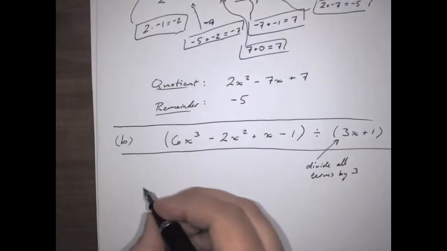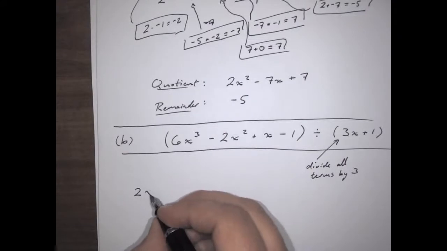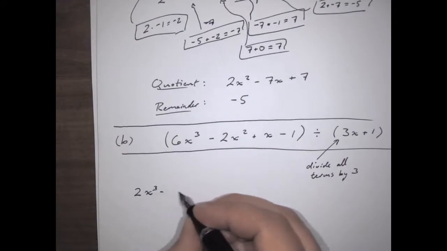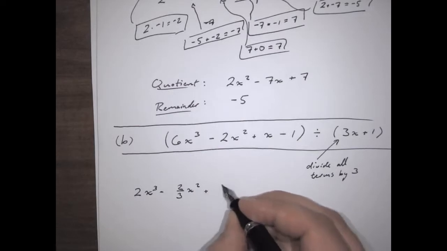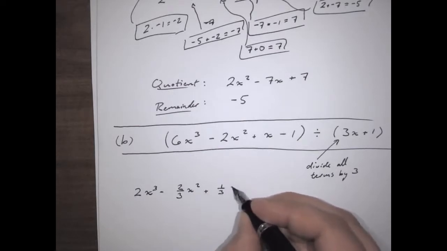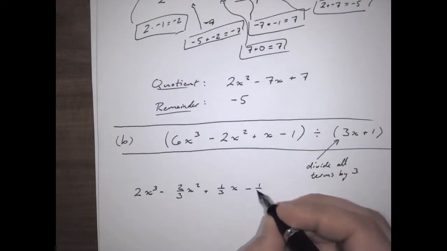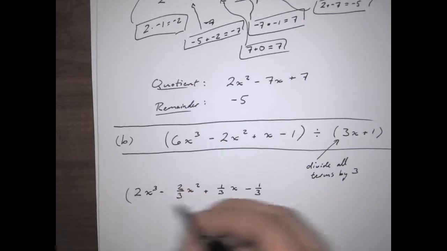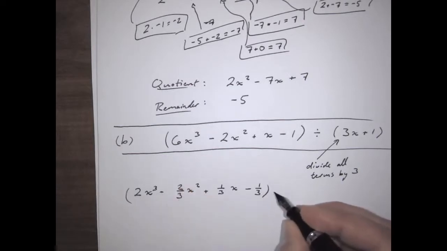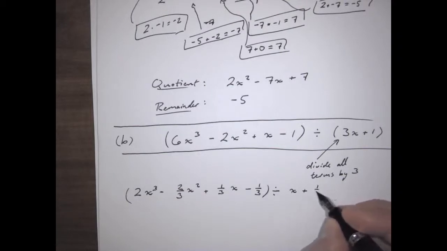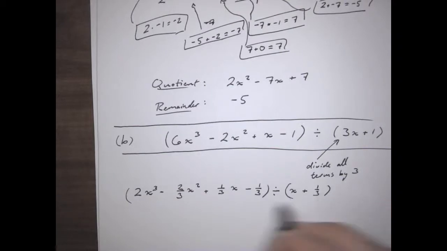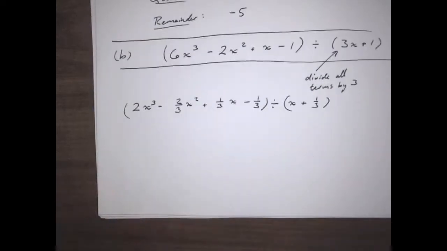Okay, so then what we've actually got here is 2x cubed minus 2/3 x squared plus 1/3 x minus 1/3 divided by x plus 1/3. So now it is of the correct form for synthetic division.